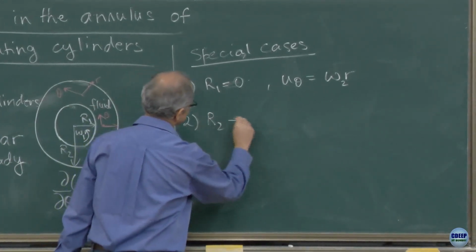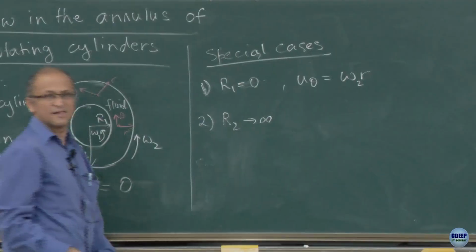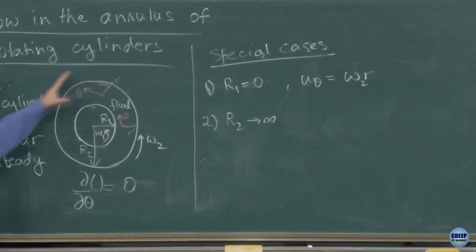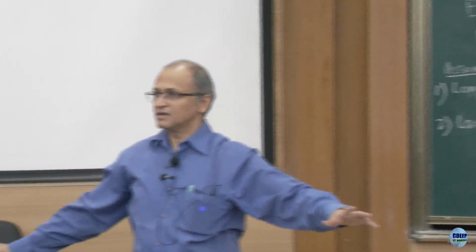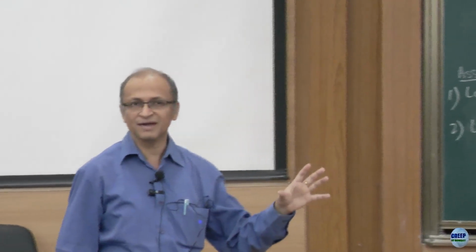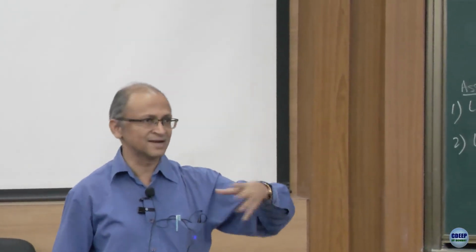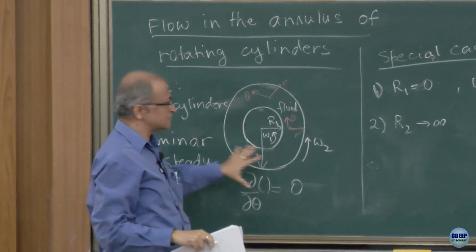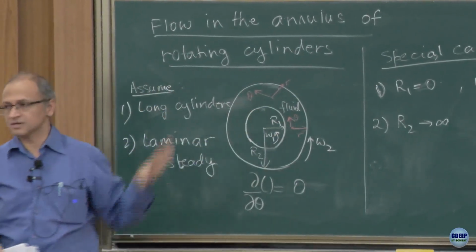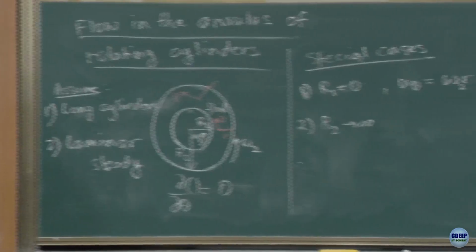As R2 tends to infinity. Okay, R2 tends to infinity means that the second cylinder has now vanished. So in the first case, what are we looking at? It's looking at the flow inside the cylinder. The second one also has a single cylinder, but then we are looking at the flow outside the cylinder. Right?